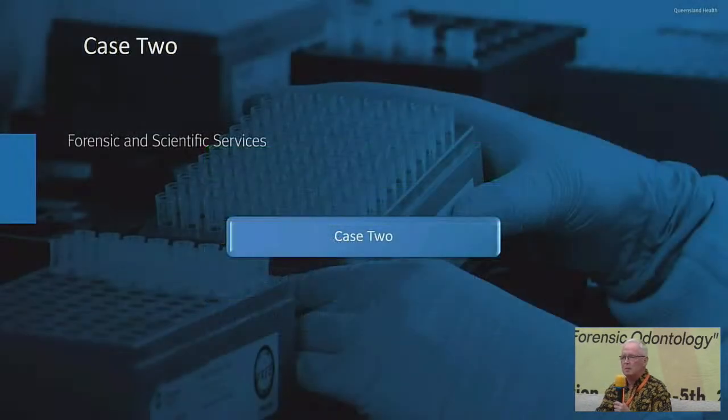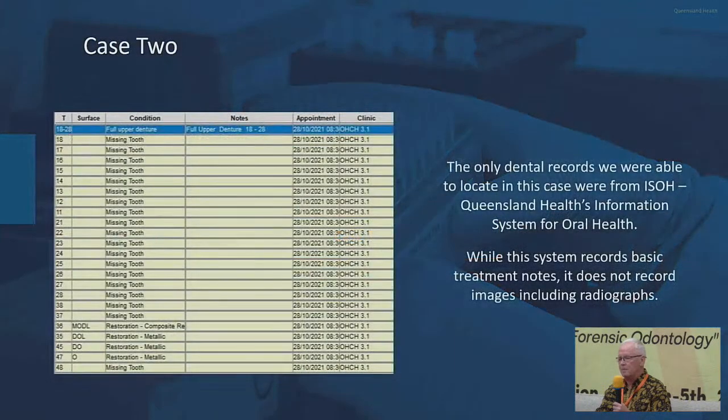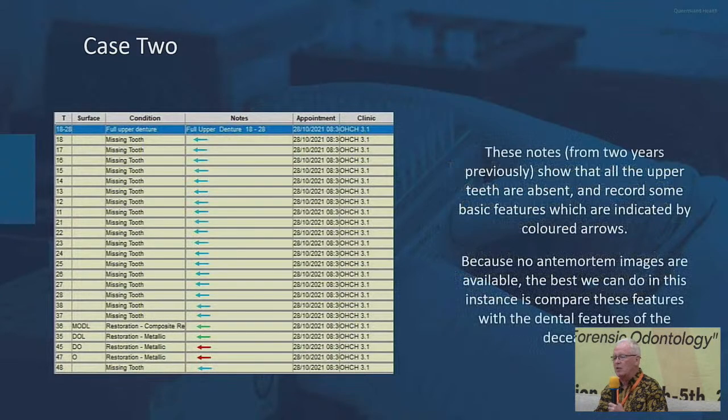Case 2 is slightly different. This record comes from the information system from Oral Health and Queensland Health. As you can see, it is terrible. This is the data that we get from a public health clinic. It does not record images, but we can find a number of things from it.